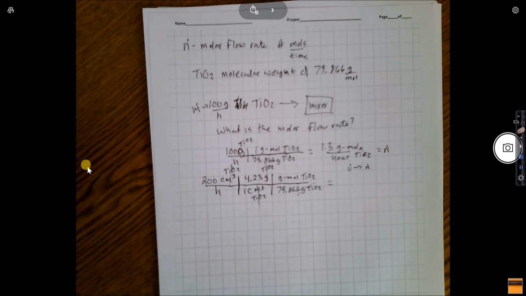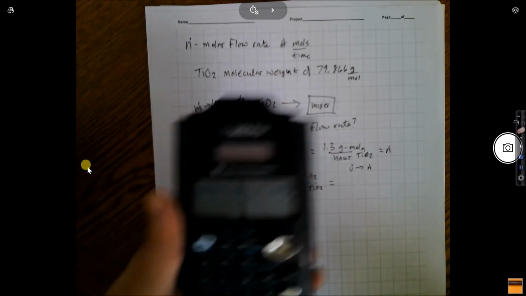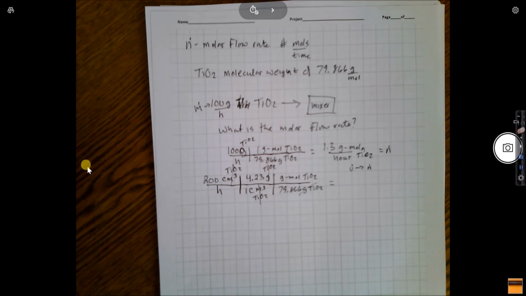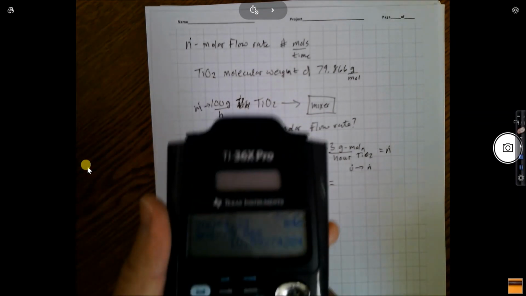So let's plug and chug through our calculator. Feel free to calculate at the same time. I try to do the best I can punching numbers, but I have been known to make mistakes. So we have 200 times 4.23. If you want to pay attention to the intermediary step, I got 846, and you can divide it now by the molecular weight of titanium dioxide, 79.866, and I get 10.59, so we can round it up to 10.6.